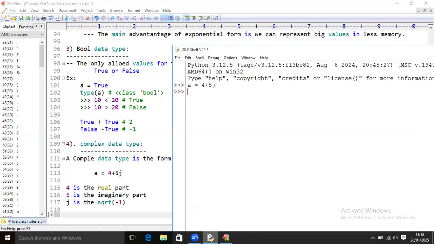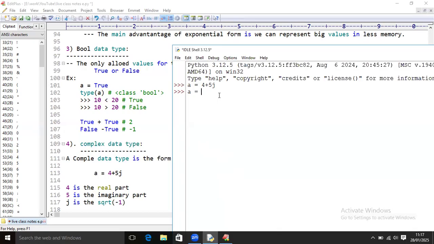Let's go to IDLE. Previously we gave j: 4 plus 5j. Now I'm giving another type of alphabet instead of j.